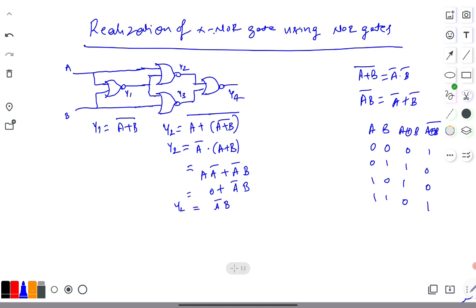Okay, let me explain again. Here Y2 is equal to A input, A plus (A plus B) whole bar, bar again because of the NOR gate.